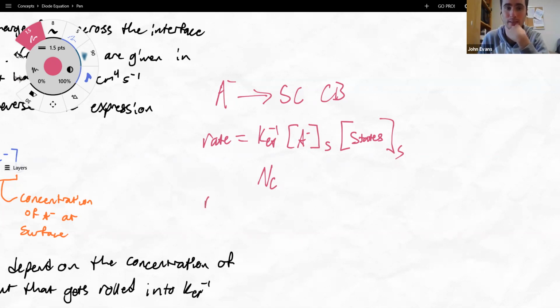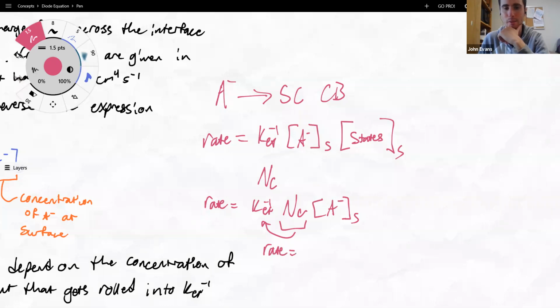So the rate is going to be equal to KET to the minus 1 times N sub C times A minus S. And then we're going to say, well, this is a constant, right? So let's just include that in here. Let's wrap all these up. And so now the rate is going to be equal to a KET minus 1 prime times the concentration of A minus at the surface.